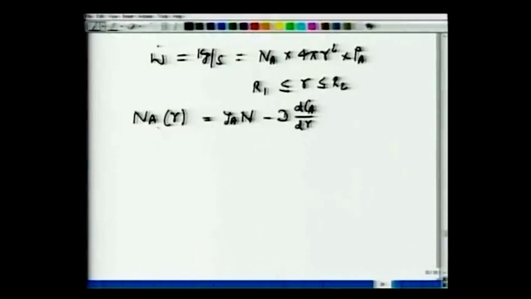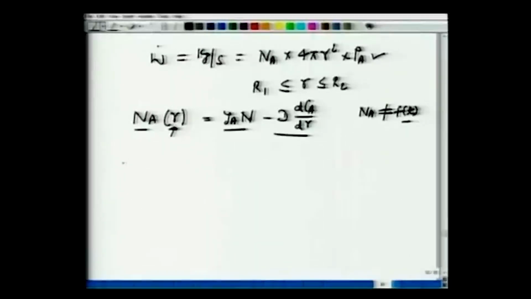It's the same expression, except we realize that Na is a function of r, and Na is not constant. Although it's steady state and not a function of time, Na changes with r. So we have W dot equals Na 4 pi r square into rho a, starting from the same equation we had earlier, NAr equals the bulk transport and the diffusion flux.